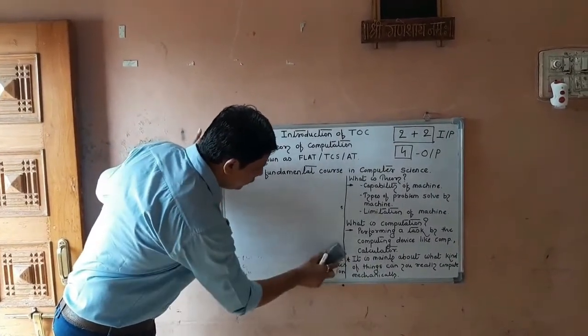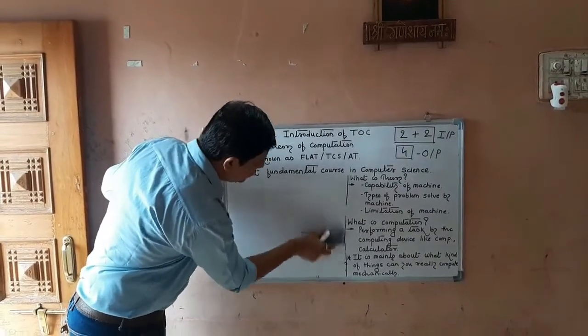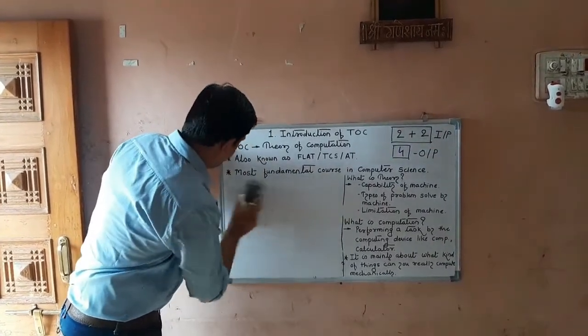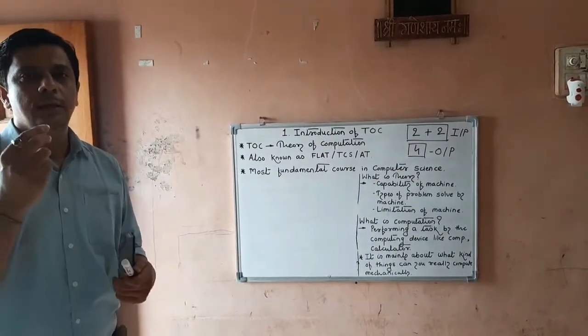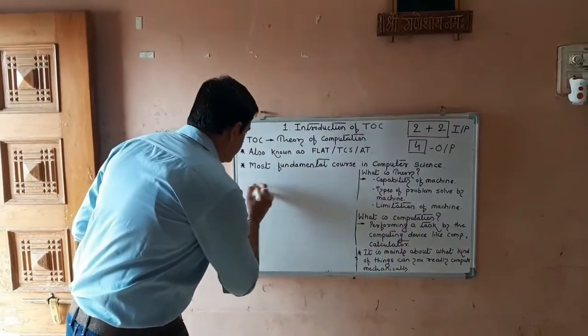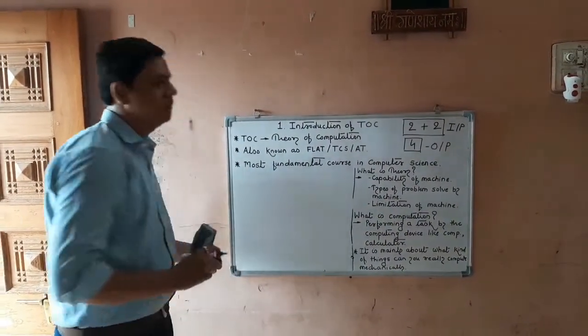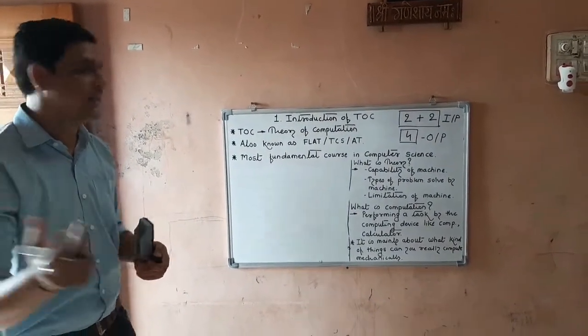Suppose we have to design a machine which accepts a binary number whose last digit is 0, or we can say, design a machine which accepts a binary number which ends with 0.